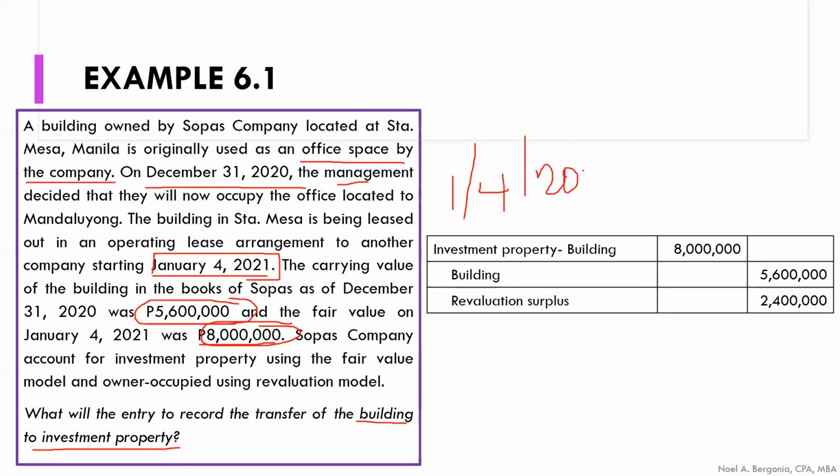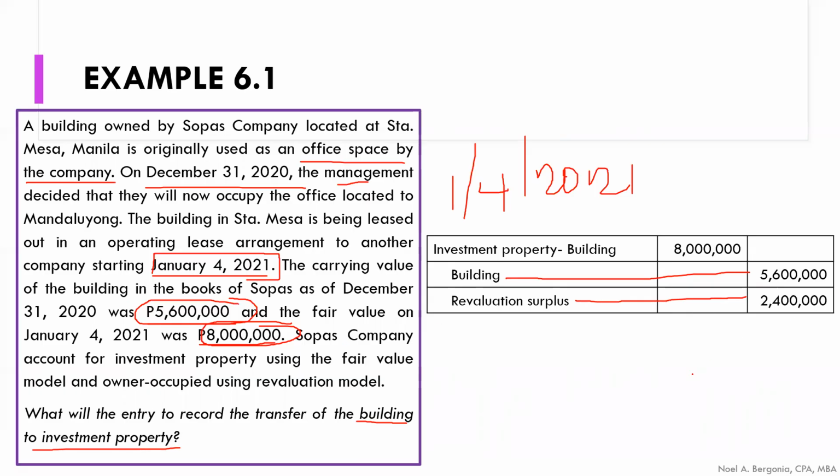So debit, investment property, a building now 8 million, and then credit the building 5,600,000, which is the carrying value. By the way, kung may accumulated depreciation sana yan, we will be debiting the accumulated depreciation. And then we credit revaluation surplus, which is the difference between the fair value and our carrying value.